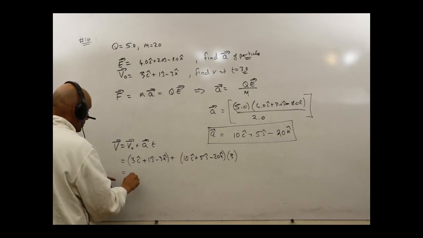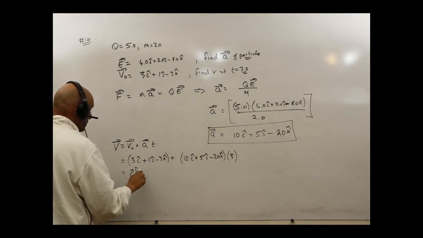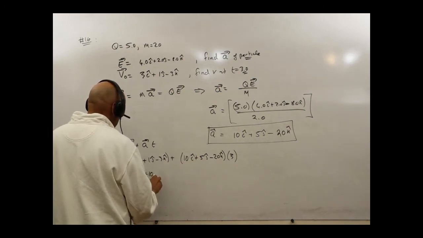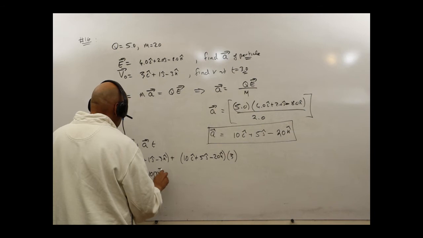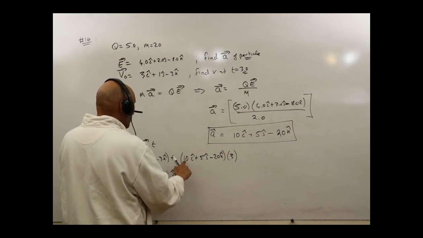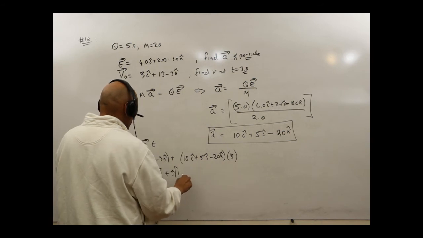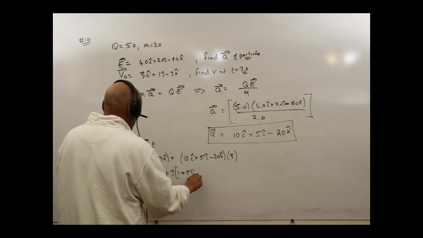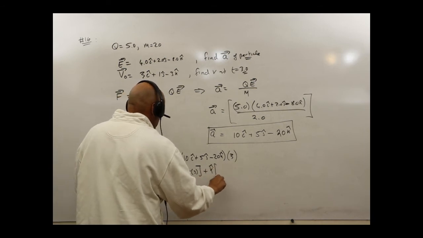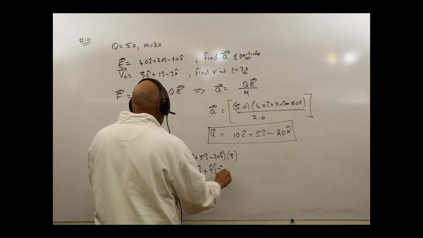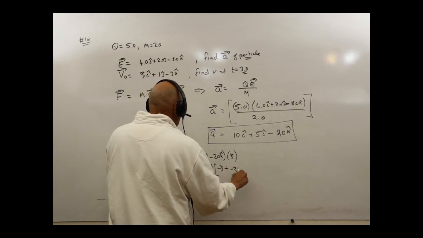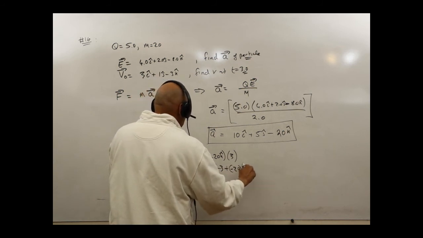So the i component is 3 plus 10 times 3, the j component is 1 plus 5 times 3, and the k component is minus 3 plus minus 20 times 3.